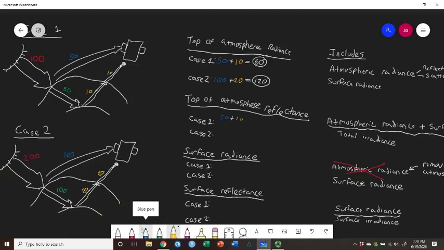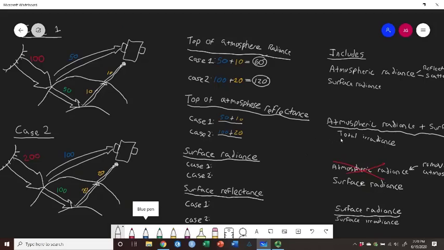And then the bottom number, the case 2, is going to be 100 plus 20. And then because this is percent reflectance, we need to divide by something. Right?